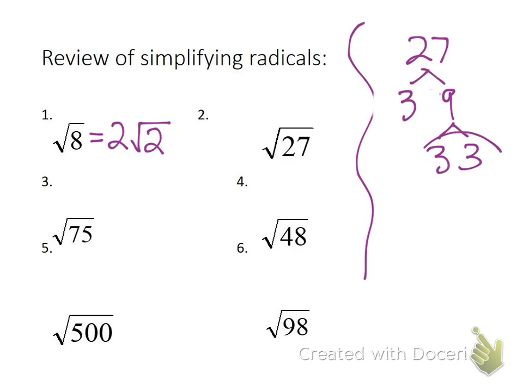Okay, we have a pair of 3s and a lonely 3. So this one is going to equal 3 square root of 3. The one that had a pair comes outside. The one that did not have a pair stays inside. When you have a pair, only one of them comes outside of the radical to represent that pair.